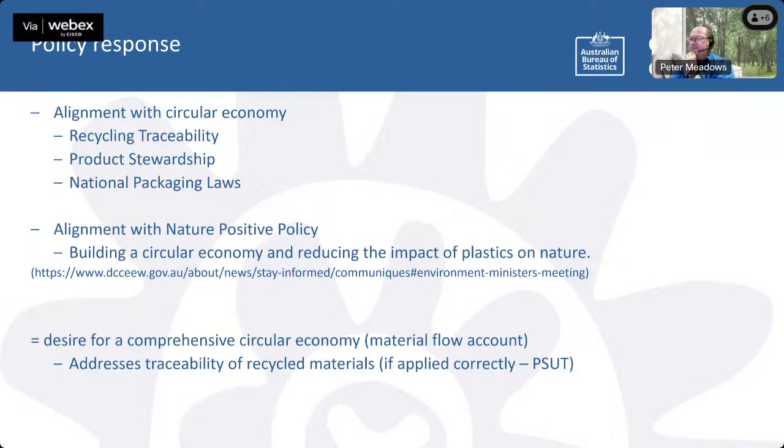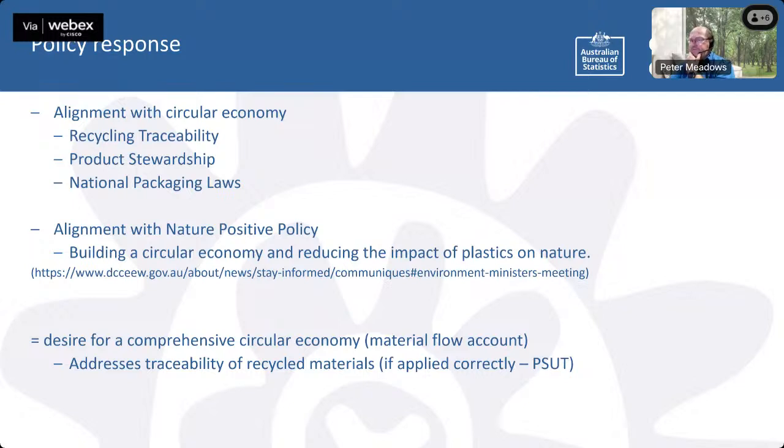So in terms of where the ABS's position is, we're thinking that a circular economy or material flow account is a nice first stage, but we probably need to move towards more of a physical supply use table that tries to encapsulate all these products and think about how they move from raw material through to produced, out to waste and recycled, and then back in as products again, and starting to think about how to map those through.